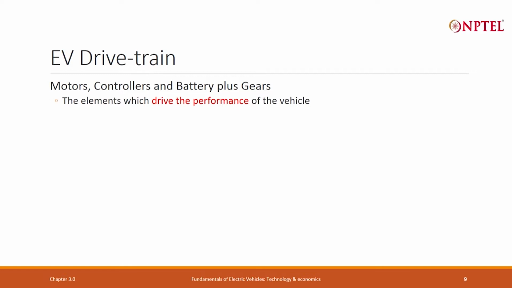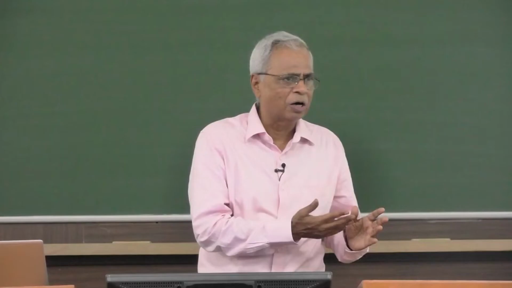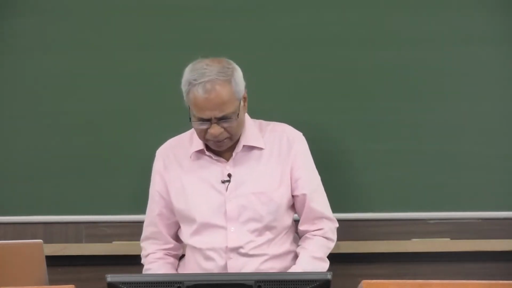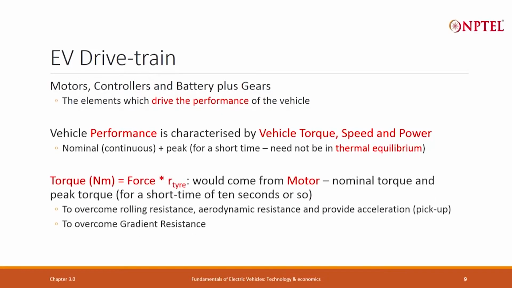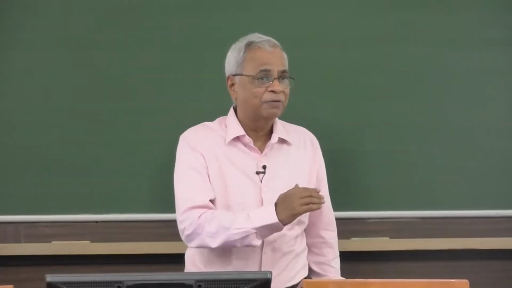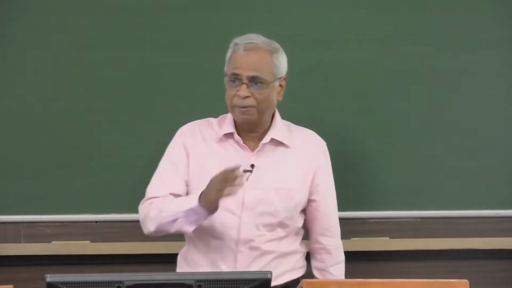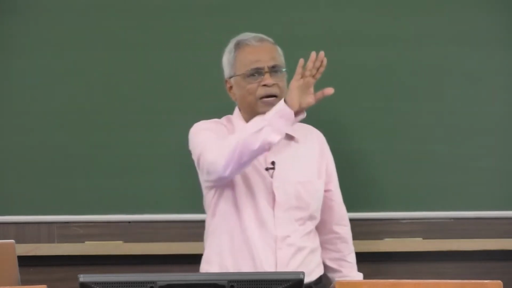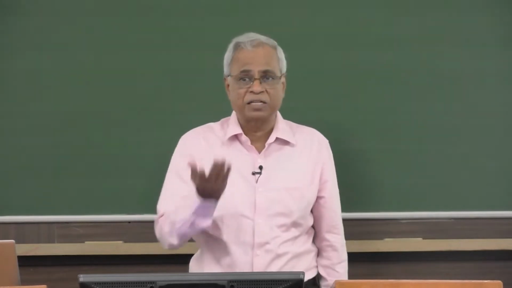The very important component that we pointed out was the gears, because while the motor can give you a speed and a torque, the speed and torque that the vehicle may want is different from the speed and the torque that the motor can give. And we basically pointed out that you can multiply the torque of the motor for the vehicle through gears, by a certain amount, which is the torque that is required for climbing up and for acceleration.